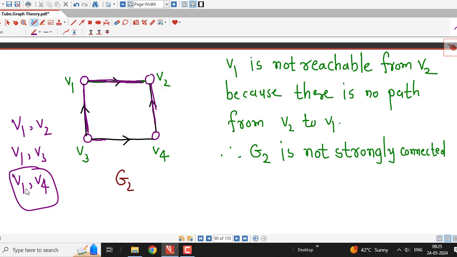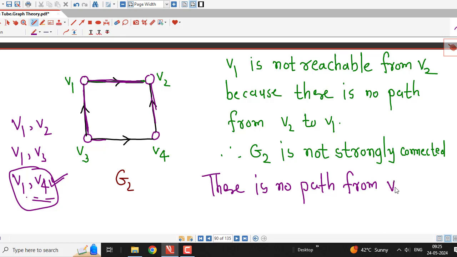So V4 is not reachable from V1. And if I go from V4 to V1, that is also not possible. So we have obtained a pair of nodes V1, V4 such that neither node is reachable from the other. There is no path from V1 to V4.